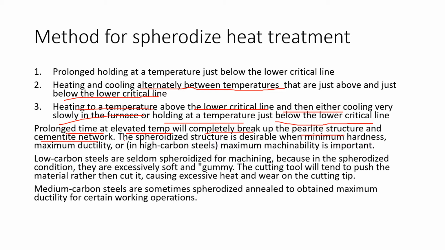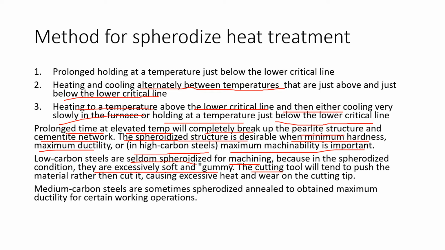The spheroidized structure is desirable when minimum hardness and maximum ductility, or in the case of high carbon steel, maximum machinability is important. Low carbon steels are seldom spheroidized for machining because in the spheroidized condition they are excessively soft and gummy.